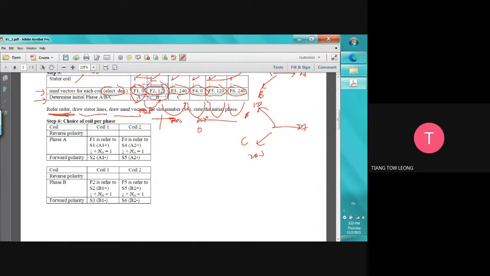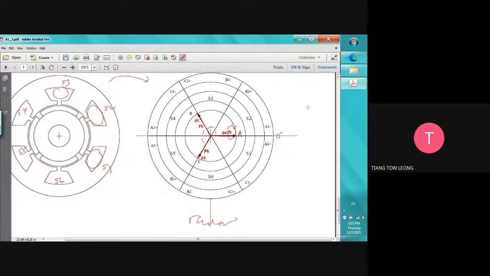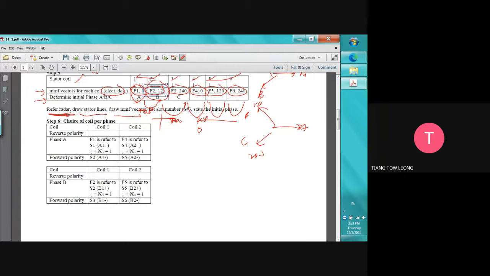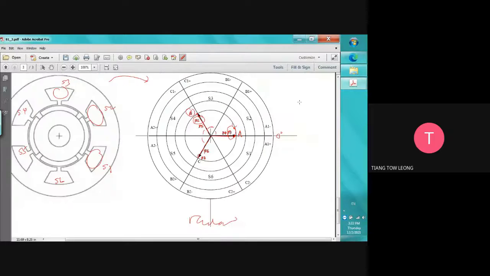So where is phase B? Phase B must have F2. And then phase C, phase 3, must have F3.